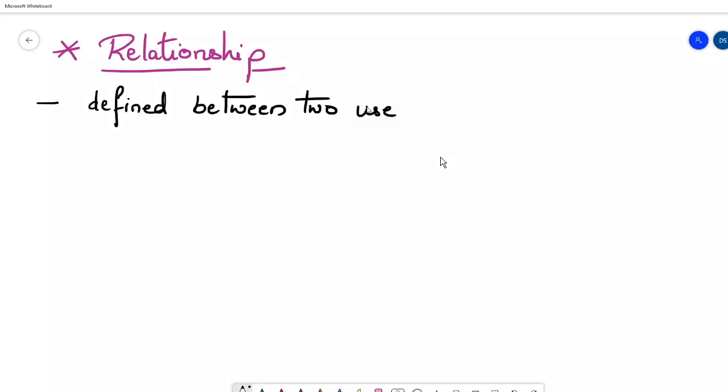This relation can be defined and elaborated in a few more forms.